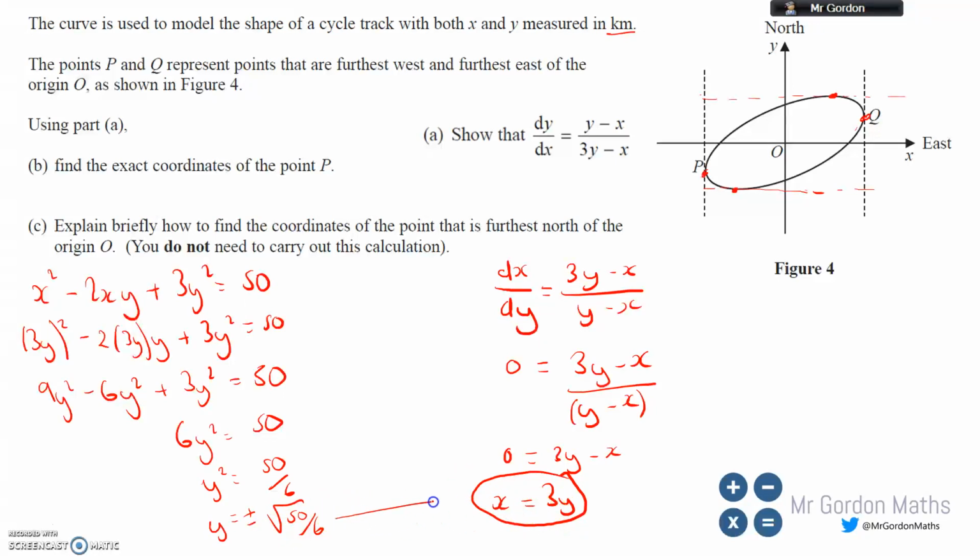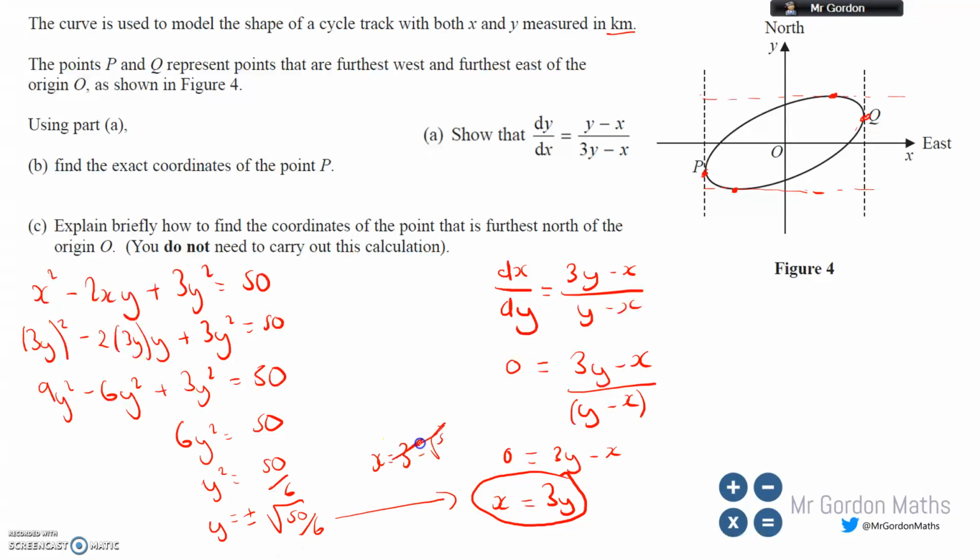So if I want to know the x values for my coordinates, just put the y value back into here. So the x values are going to equal 3 lots of plus or minus root 50. No, that's going to be wrong. Sorry, it's 3 times y, isn't it? 3 times this. So that needs to be on the outside.